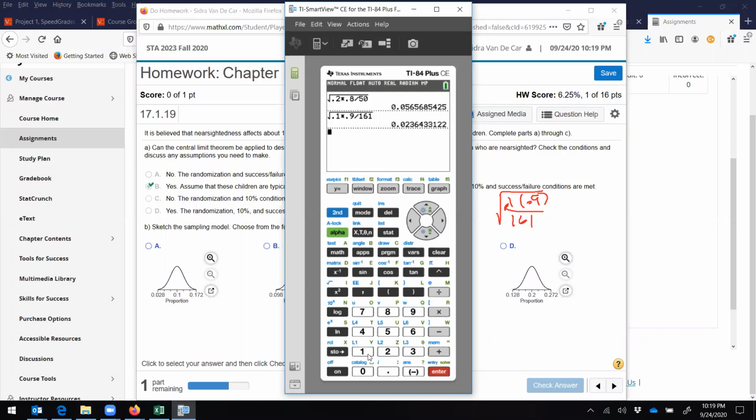All right, so let's add 3 standard deviations. So I want to go 0.1 plus 0.0236. Once, twice, 3 times will take me to about 0.1708.